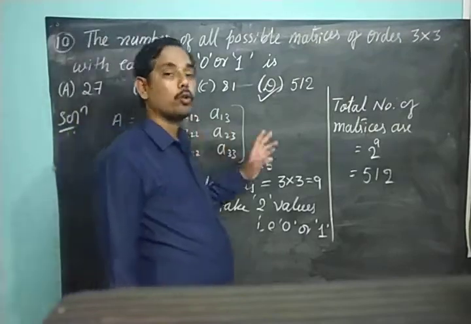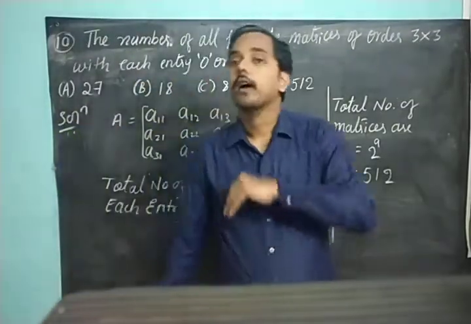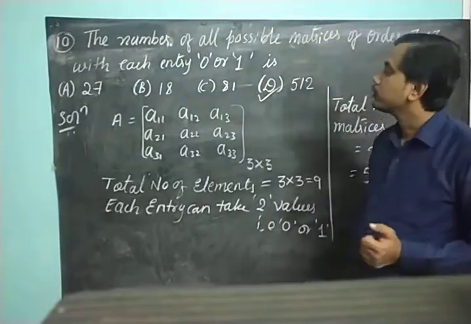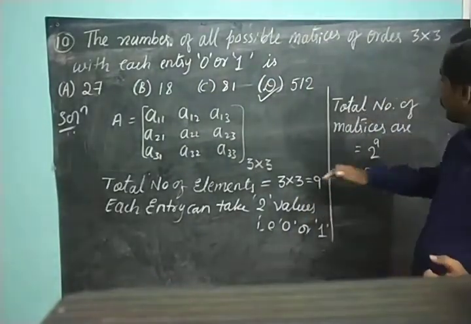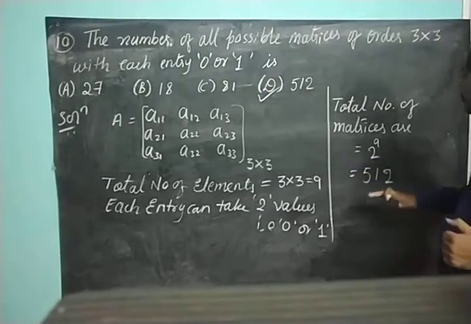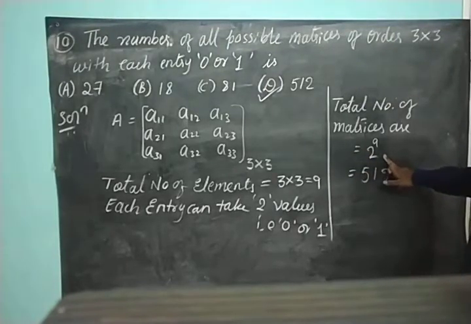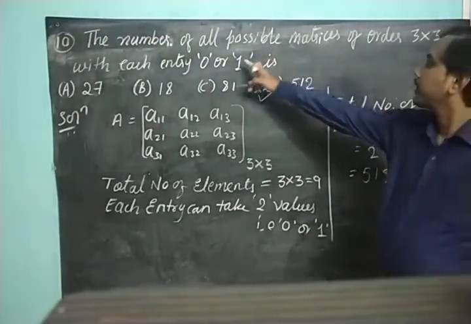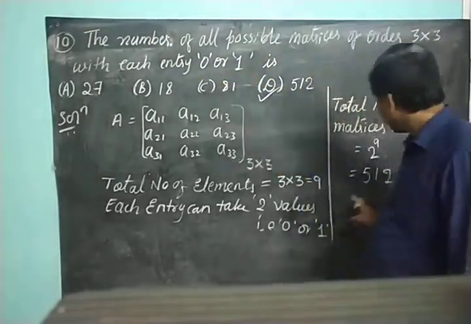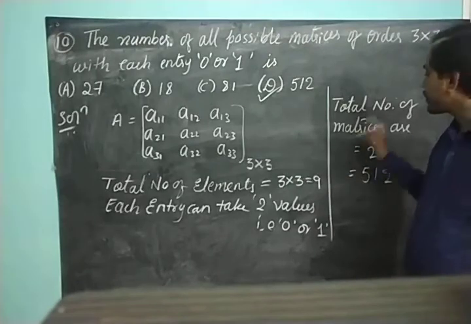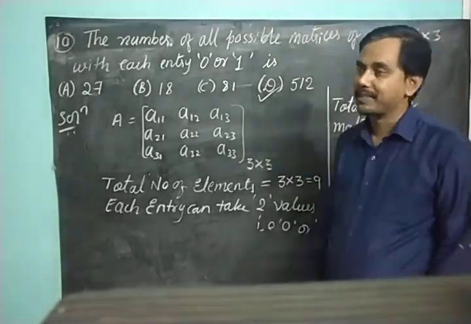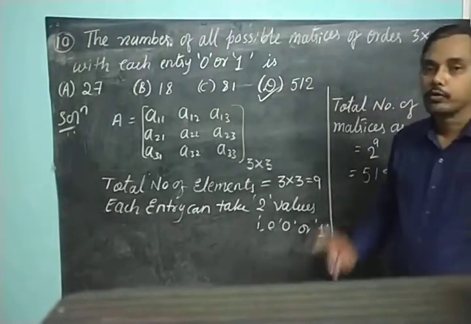Only those 2 are not the possibilities; beyond that also there are possibilities. If you don't remember those things, remember this formula. 2 is the number of possible values, which comes at the base. And the power is nothing but the total number of elements. So this is how we have to solve this.